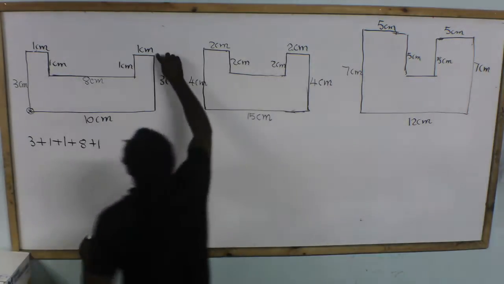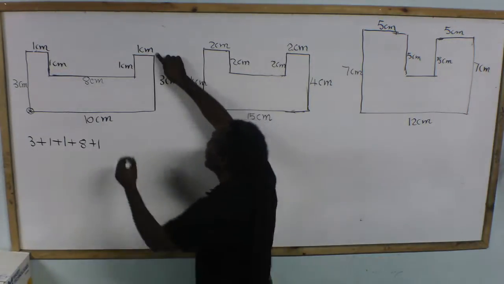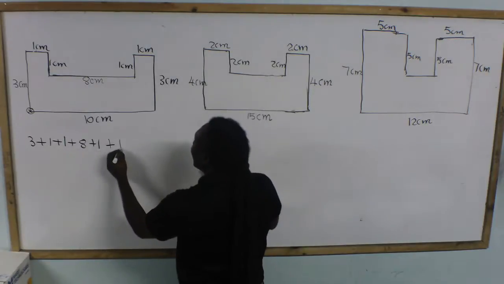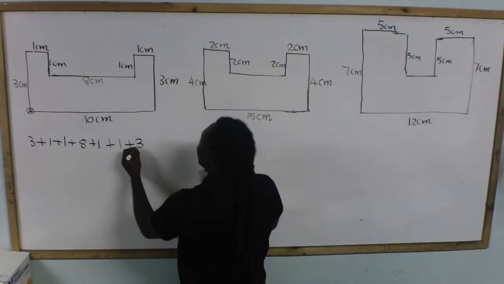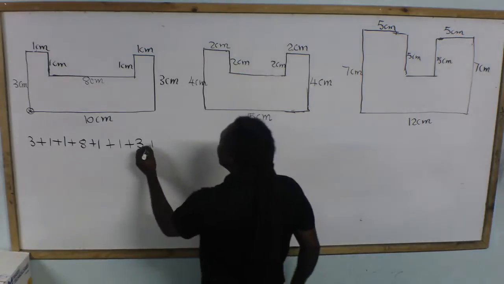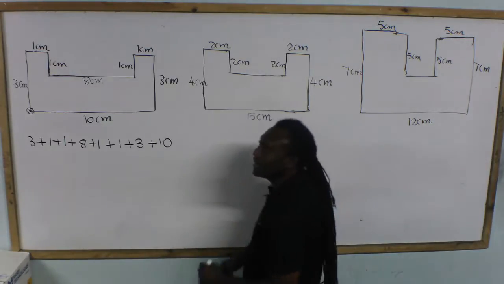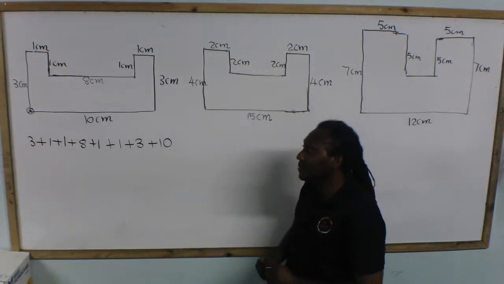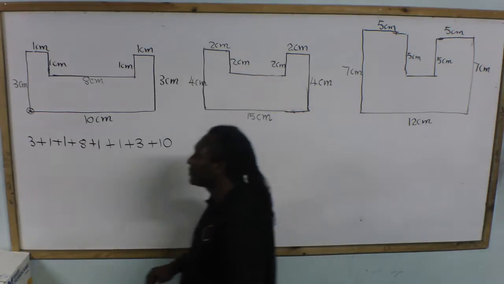Up again, so we have plus 1, plus 1, plus 3, plus 10. So we are going to recheck to see if that is correct.